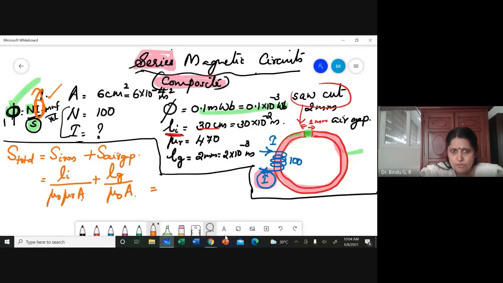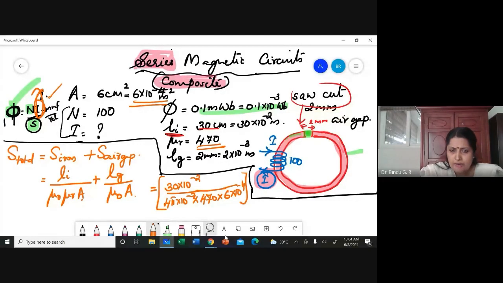So I substitute. Li is 30 into 10 raised to minus 2, divided by 4 pi into 10 raised to minus 7 mu naught, into 470 mu r, into area, which is given as 6 into 10 raised to minus 4.